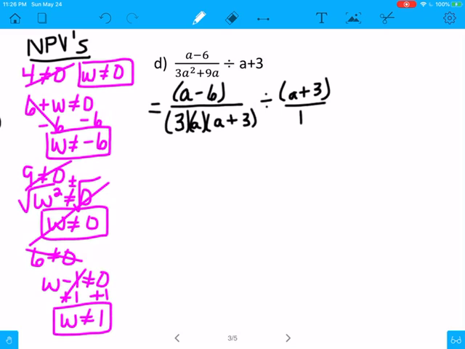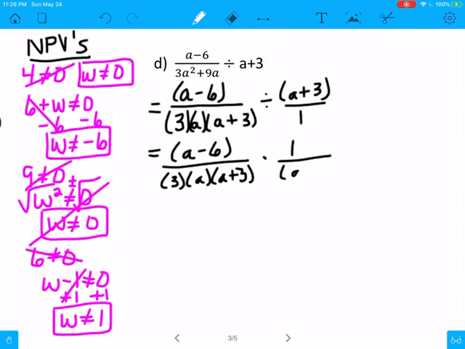So I can flip and multiply. I get a minus 6 over 3a times a plus 3, times 1 over a plus 3.